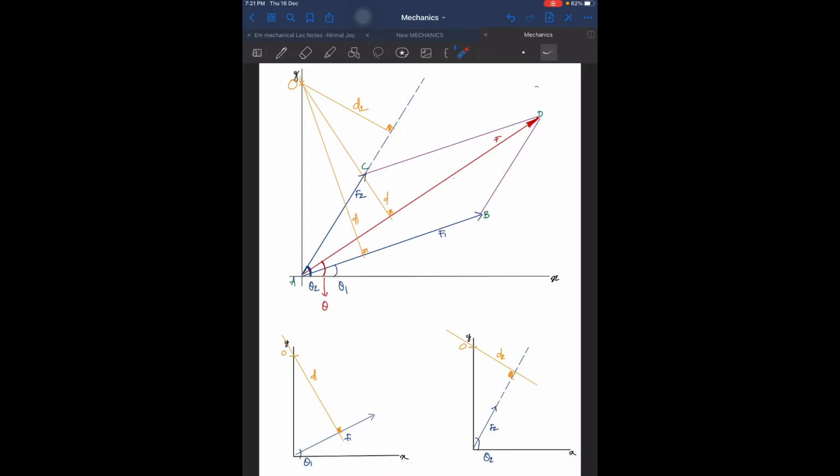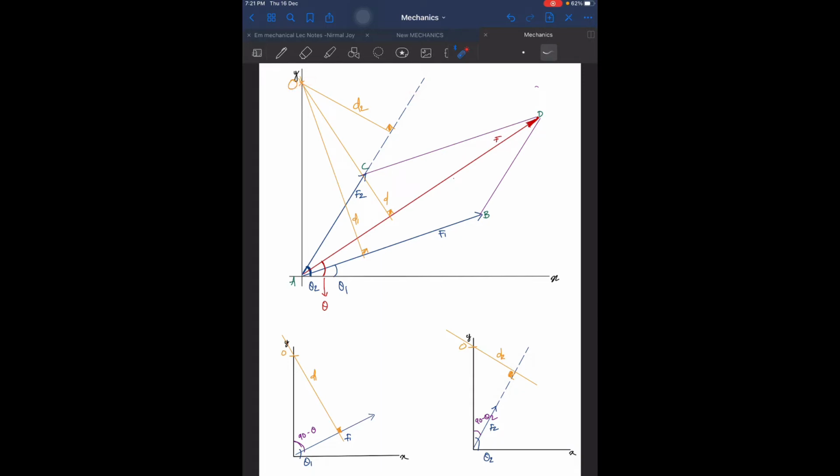Now let us see what will be the angle over here. The angle over here will be 90 minus theta, because this is a right angle. Similarly over here it will be 90 minus theta 2. Why? Because here also it's 90 degrees. Now as we know, D1 and D2 are the perpendicular distances of the lines of action from the moment center.